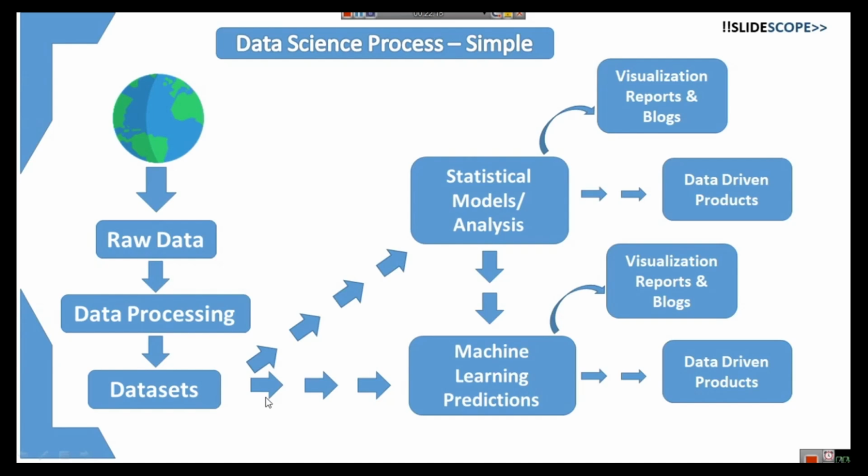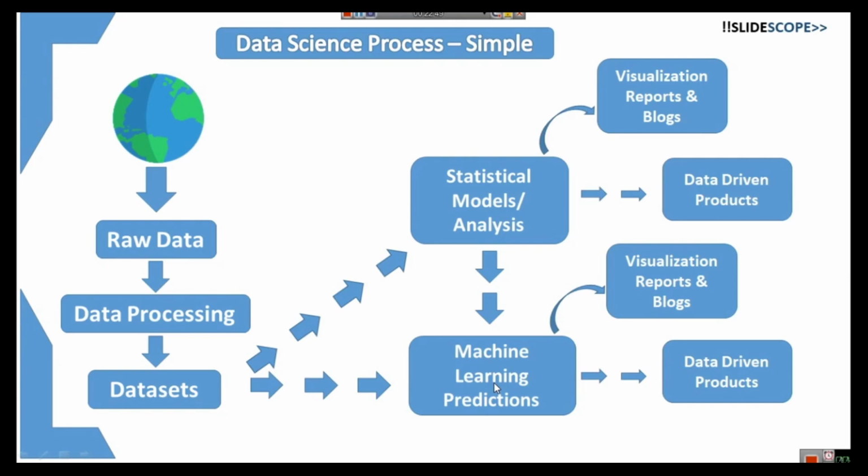So machine learning predictions can be used to create data driven products. The statistical models or analysis that is done on the data set also can be used to create data driven products. Both machine learning prediction and statistical model and analysis can be used to write reports, journals, books, blogs, visualization reports, or you can present the graphical visualization of whatever you have analyzed.